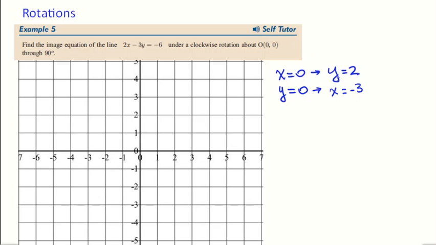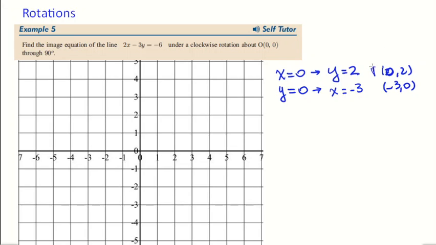So using those 2 points, I can get 0, 2, and from this one, -3 and 0. So I could actually plot those points here.